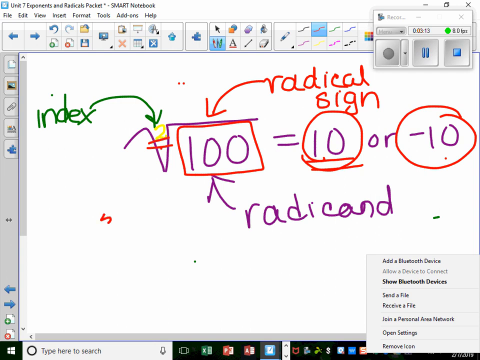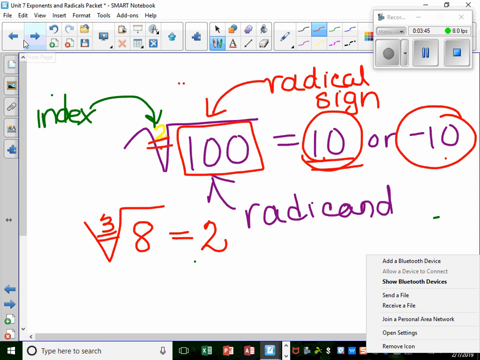If I put a 3 here, I'm asking what same three factors can you multiply together to get 8? That's a question. 2, very good. So the index is important because it's telling you how many times you're multiplying this number, which is the answer, to get the radicand.